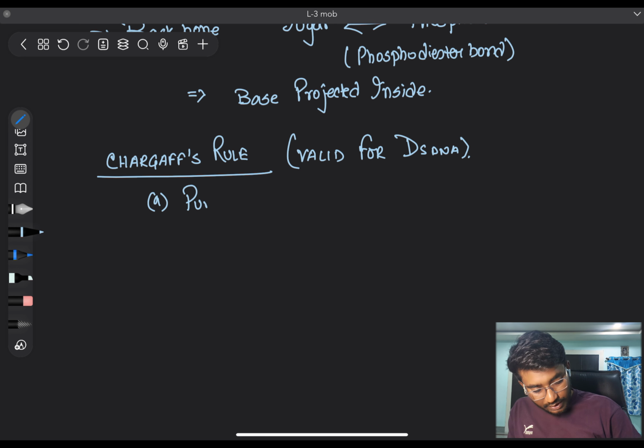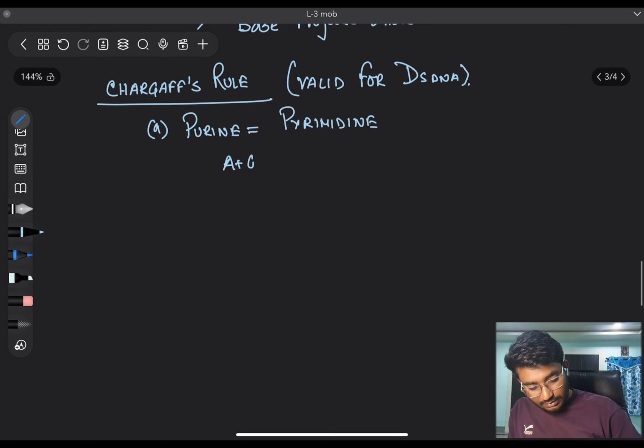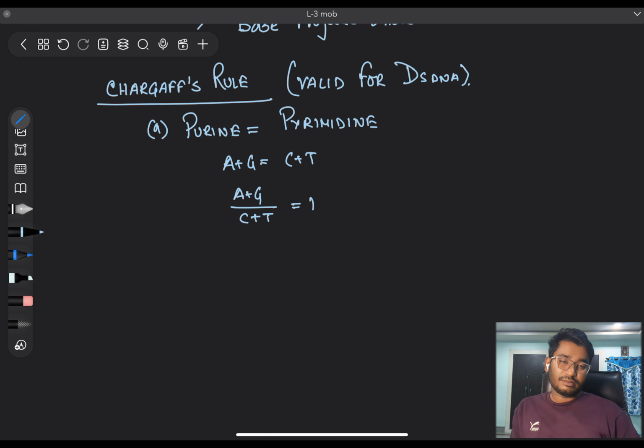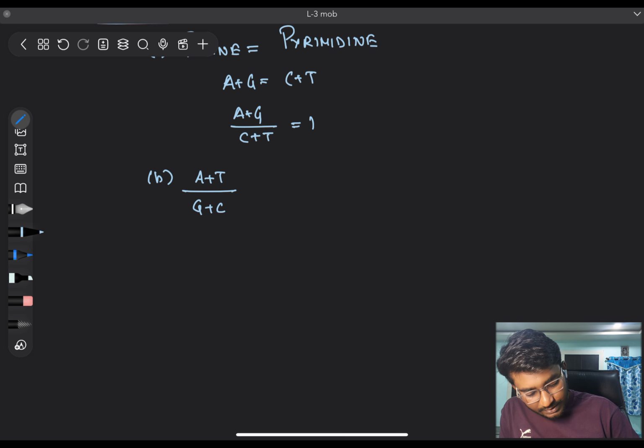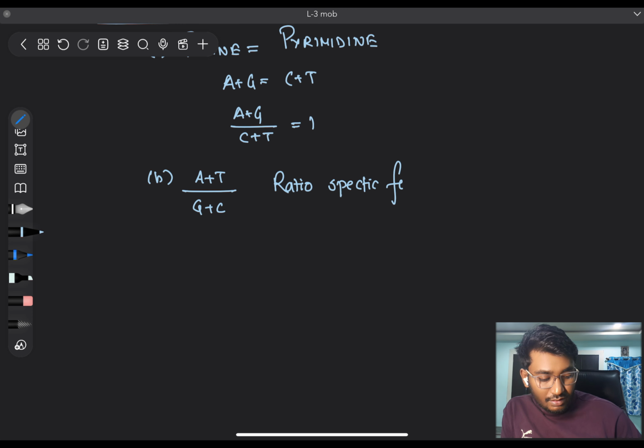A: purine equals pyrimidine, A plus G equals C plus T. So A plus G by C plus T will be 1; the ratio of purine to pyrimidine is always 1. B: the ratio of A plus T to G plus C is specific for a species.